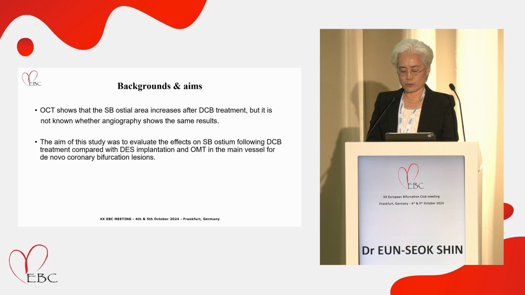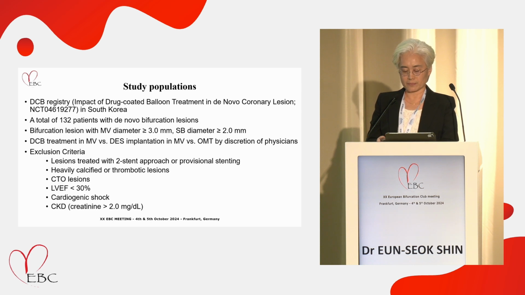With this background, we aimed to evaluate using angiography whether this phenomenon is unique to DCB treatment. Among patients in the DCB registry, 132 patients with de novo bifurcation lesions and follow-up coronary angiography data were enrolled. Bifurcation lesions with the main vessel 3 millimeters or over and the side branch 2.0 or over were selected.